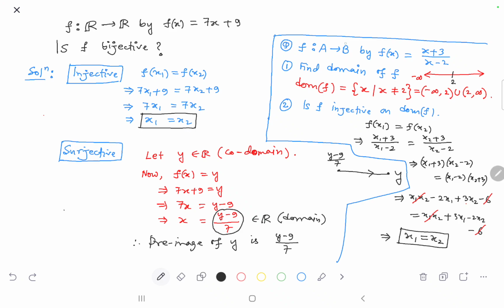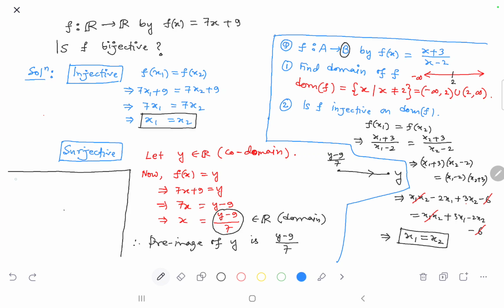Can you find V on which it will be surjective? Where should I write it? Can I write down here? Let me make a box here. Yeah, it's fine.